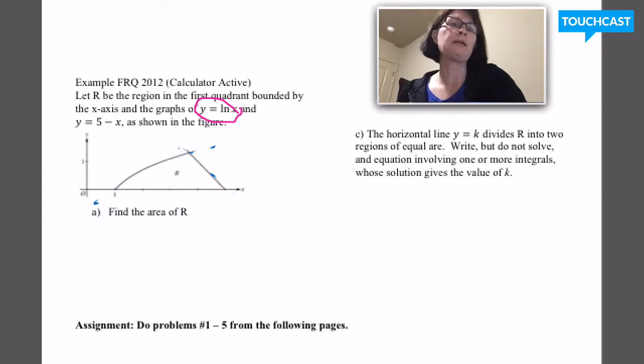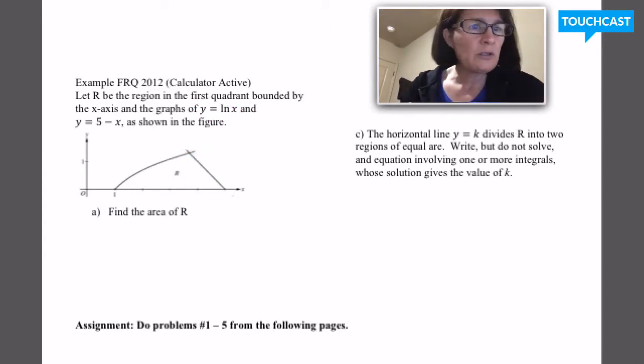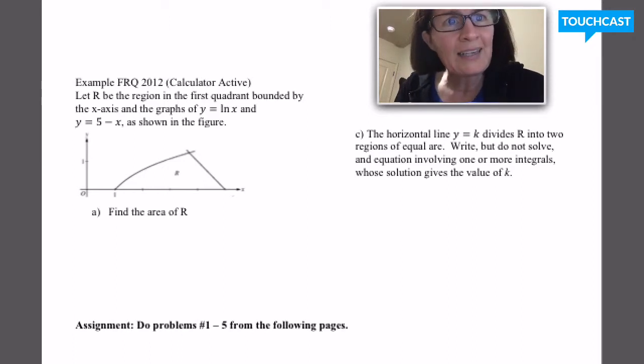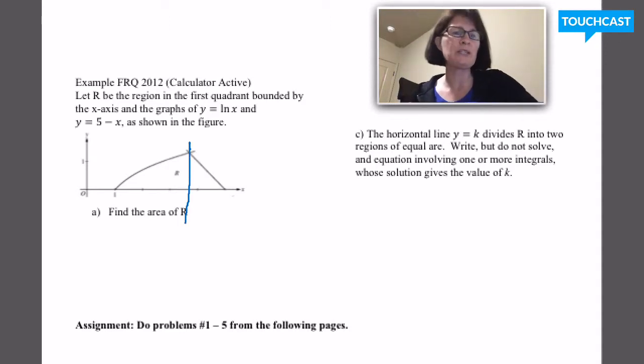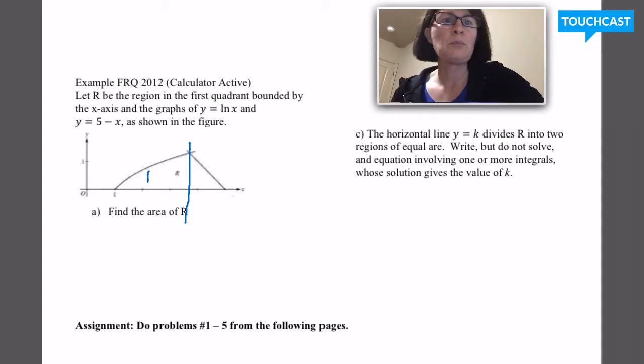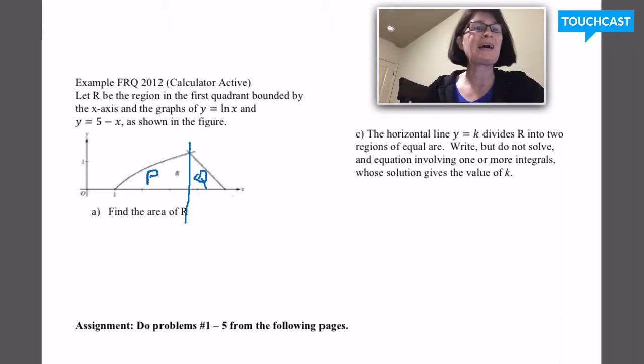Let's just draw out our plan. So if I could figure out what that x value is, I'm going to imagine splitting this up into 2 regions. I'm going to call this region P over here and Q over here, just to have something to refer to them by.